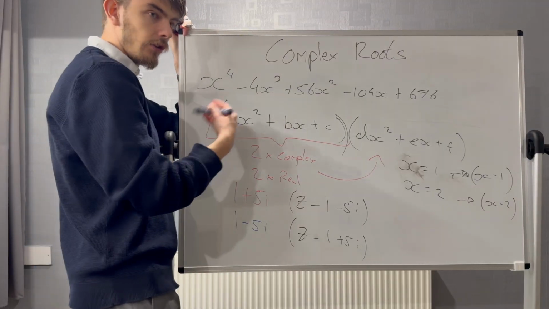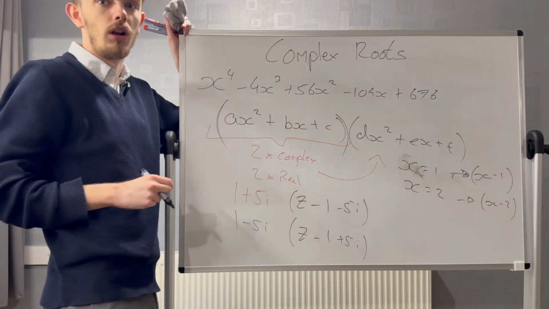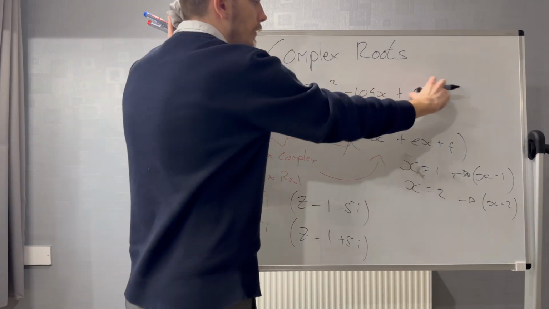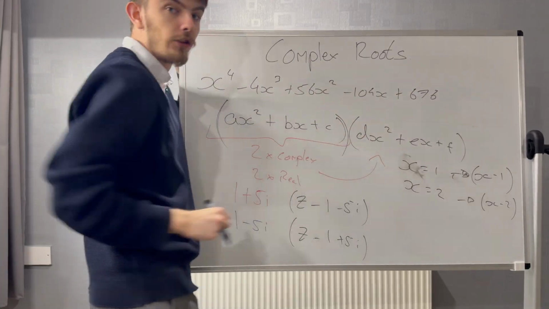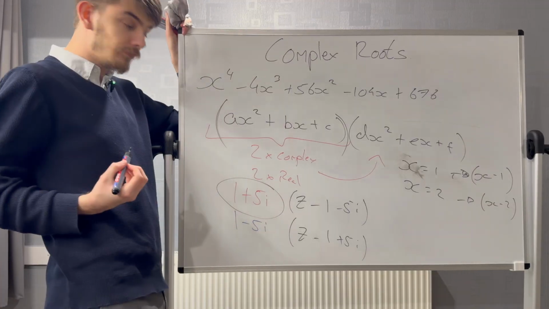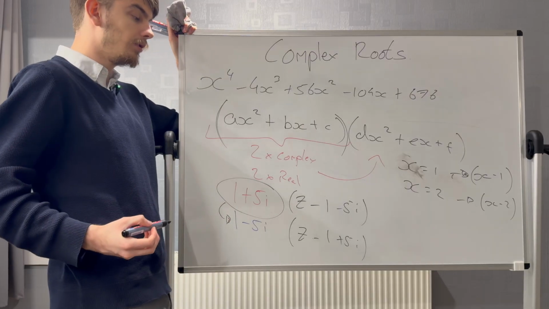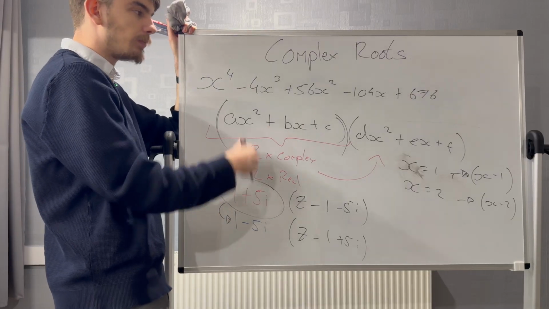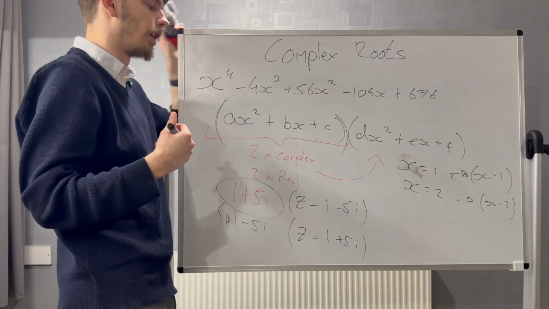So, to get the other two roots, I need the other quadratic, so I need to do some long division. Divide my entire quartic by that quadratic, get my other quadratic, and solve it. From just one root, I am able to find the other one by conjugation, and then combine them, multiply them, do some long division, get my other quadratic, and find the other two.